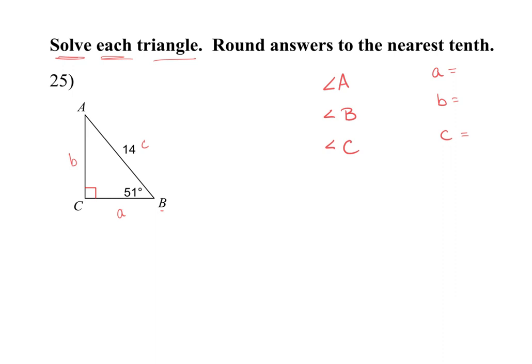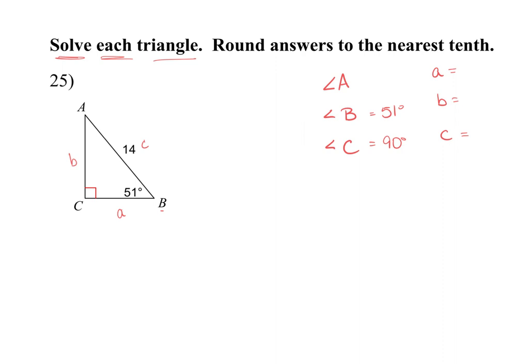The angles are the easiest thing here. C is clearly 90 degrees because they handed that to me. B is 51 degrees. They also handed that to me. For this particular one, to find my third angle, it's going to be complementary to the other one. So all angles add up to 180. We know the right angle is 90.